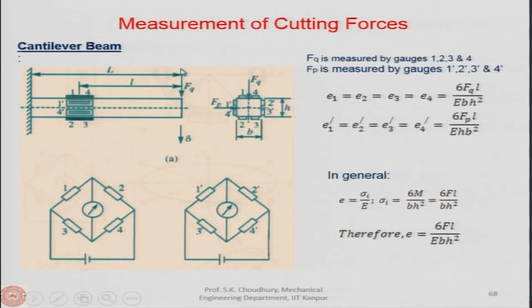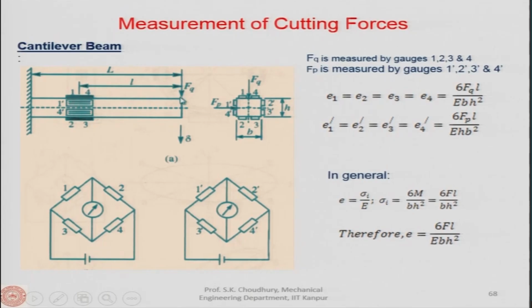If the point of application of the force is known, so in this case Fq is applied at a distance of small l from the sensor where the force has to be sensed.